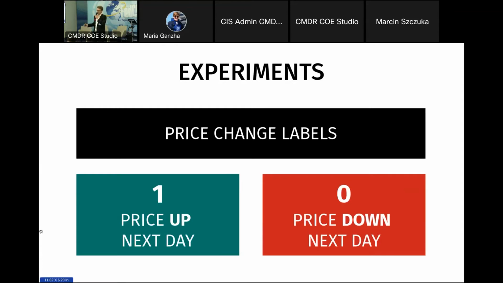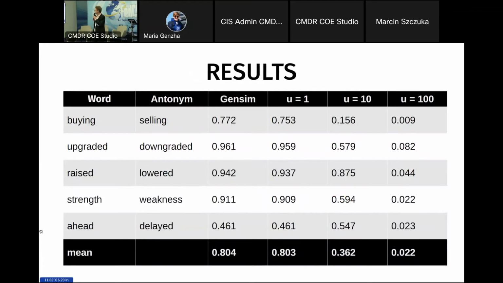If a tweet was published and its publication was followed by a price increase of that given stock, in this case Walt Disney, then it was labeled with a 1. And if, of course, the price went down, then the label was 0. So very simple labeling.